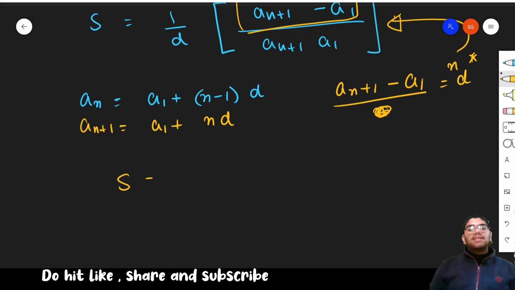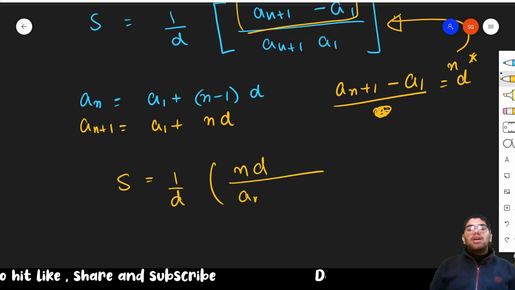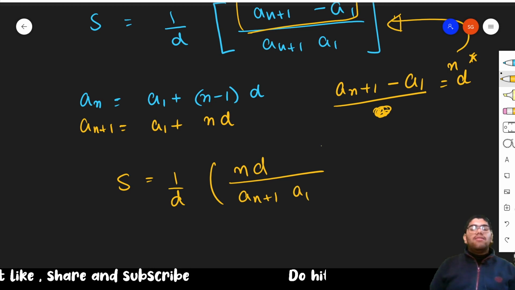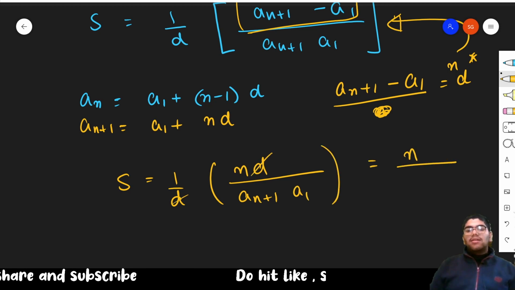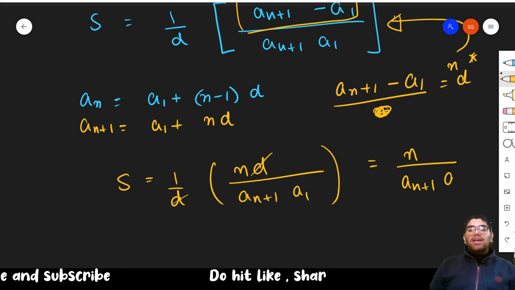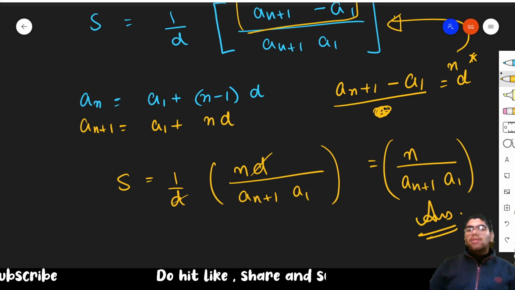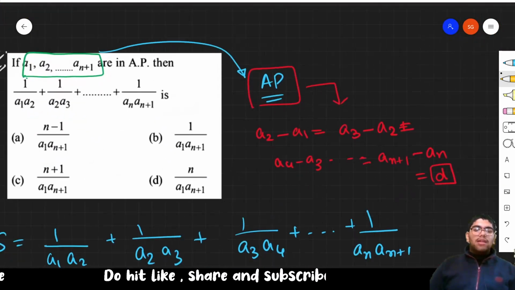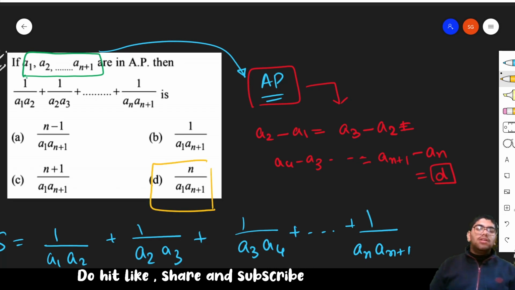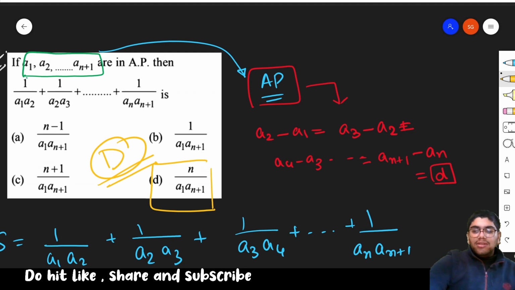So my s is equal to 1 upon d times nd upon a1 times an plus 1. d से d आप cancel कर लीजिए, and the answer will be simple: this is the final answer to this problem. So let me check if I have an option n upon a1 an plus 1. So yes, I have an answer. D is the correct answer to this problem.